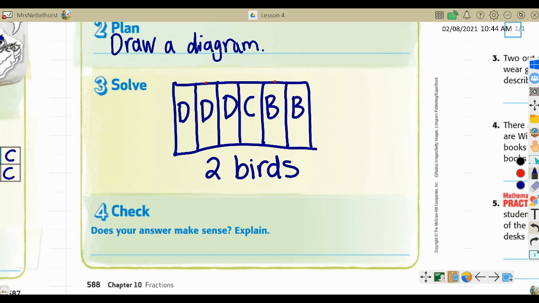Okay, does your answer make sense? Well, 3 plus 1 plus 2 equals 6. So since I have to explain, I'm going to write my answer, yes, comma, because that is an S. Oh, wow, that just got rid of all of it.